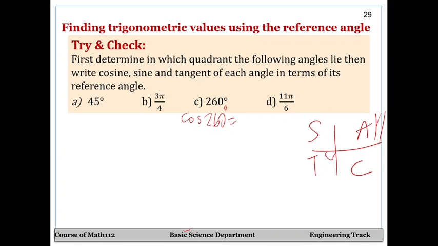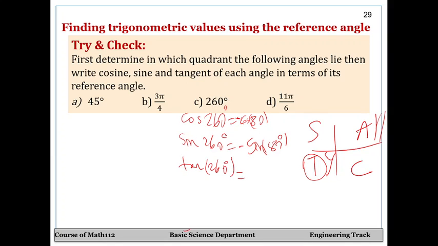Okay, this is here, so it will be 80 degrees, and this will be cosine, but it will be minus, because tangent is positive only. So sine 260 is minus sine 80, and tangent here is the only positive trigonometric value because of this.